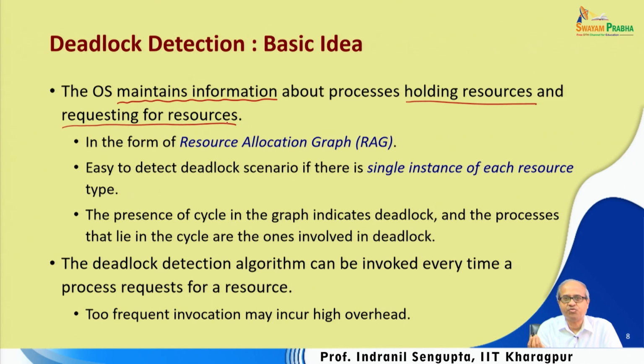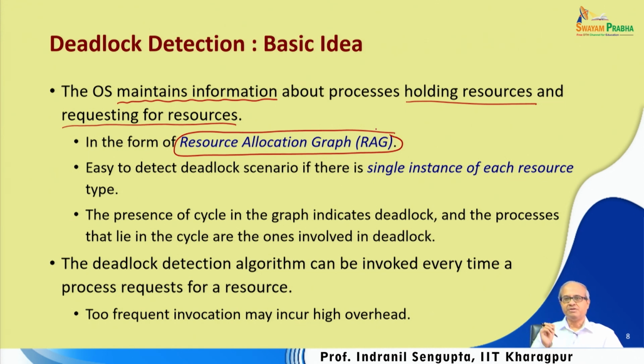The processes may be waiting for some resource, and as we discussed earlier, one convenient data structure is a graphical representation, namely the resource allocation graph, where, if you recall, there are two kinds of vertices. Circular vertices indicate the processes, rectangular vertices indicate the resource types, and there are two types of edges, from process to resource or resource to process, indicating that either a process is holding a resource or a process is requesting a resource.